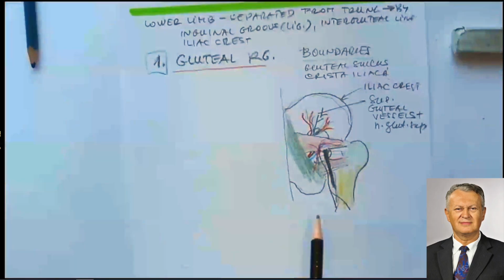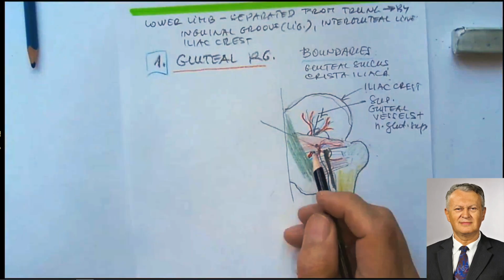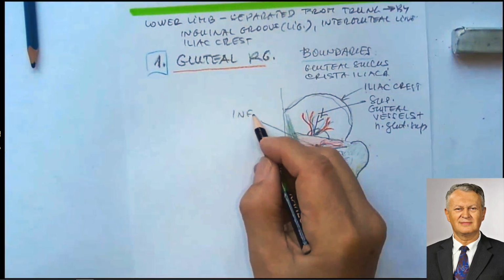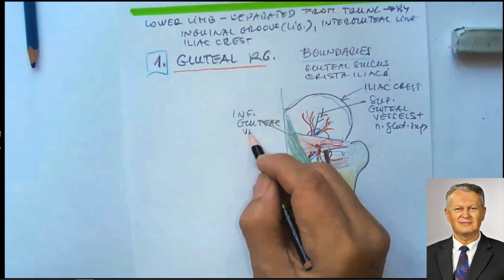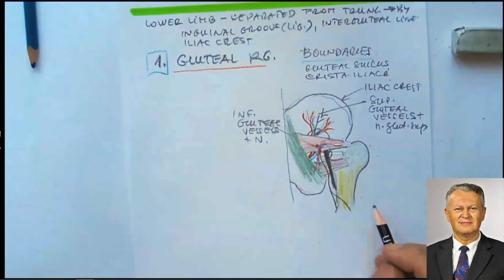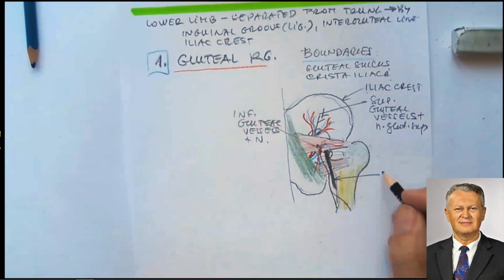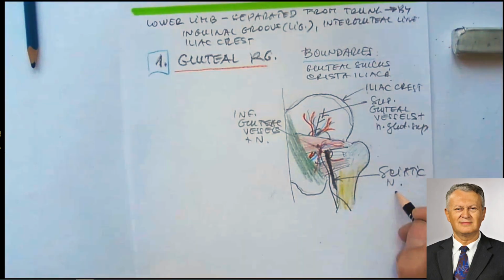So we can simply add here the inferior gluteal vessels plus nerve. Then that one is the sciatic nerve, L4 to S3.